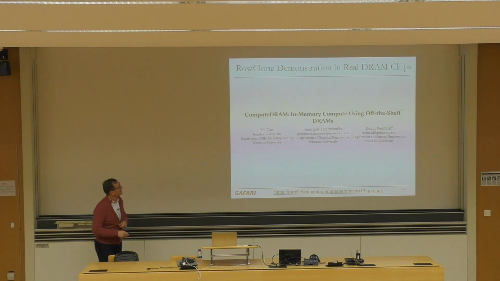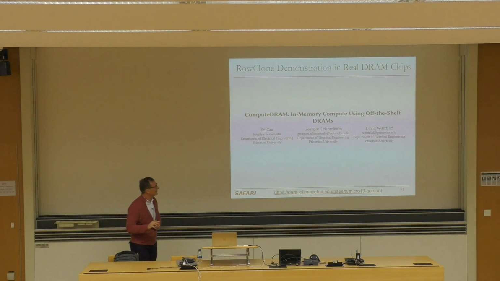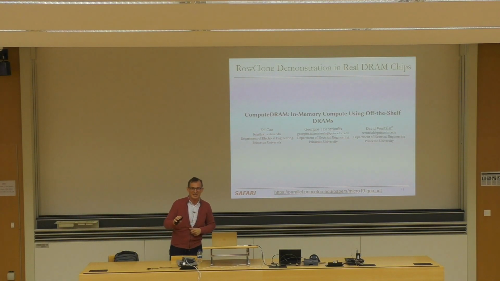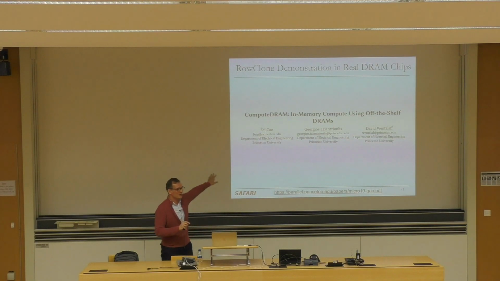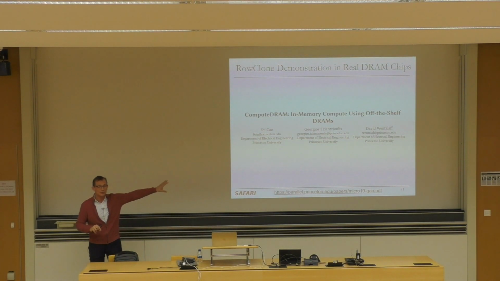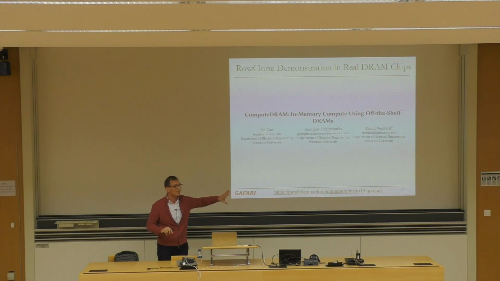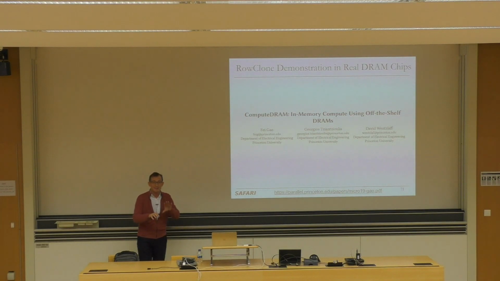And more recently, this is kind of answering the question, can this be done on real DRAM chips? This is a paper that, sometimes I think I wish we had done it, but these folks showed that using the SoftMC infrastructure, you could get the effect of RowClone in real DRAM chips that they've tested by modifying the timing parameters.